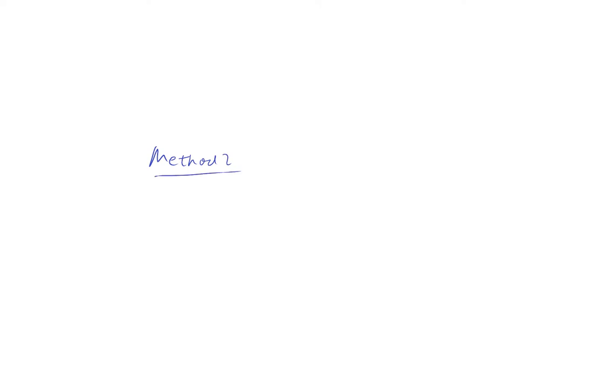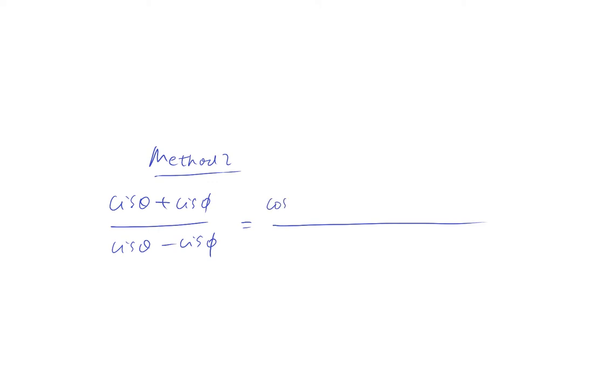Yeah, so method 2 will start with the same expression where you're left with cis theta plus cis phi divided by cis theta minus cis phi. So cis theta plus cis phi would be cos theta plus cos phi plus I sine theta plus sine phi.